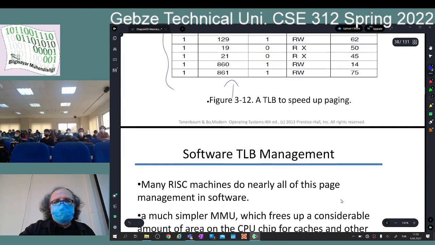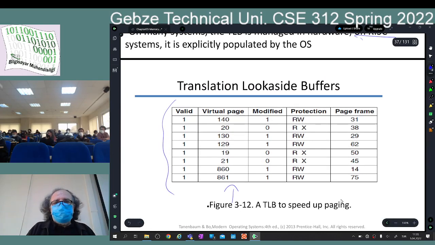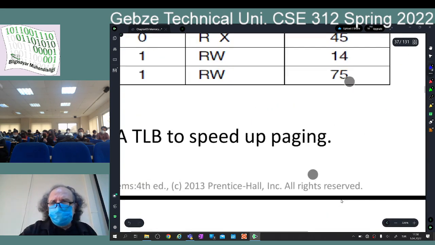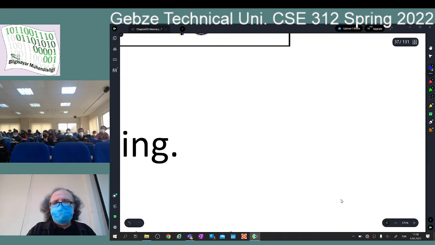So this is our TLB. When you say, okay, I need the page number 150, you look at this table, okay, I don't see 150 here, so it is not inside my TLB, but that doesn't mean that page is not in our memory. Let's try to write this down, okay?